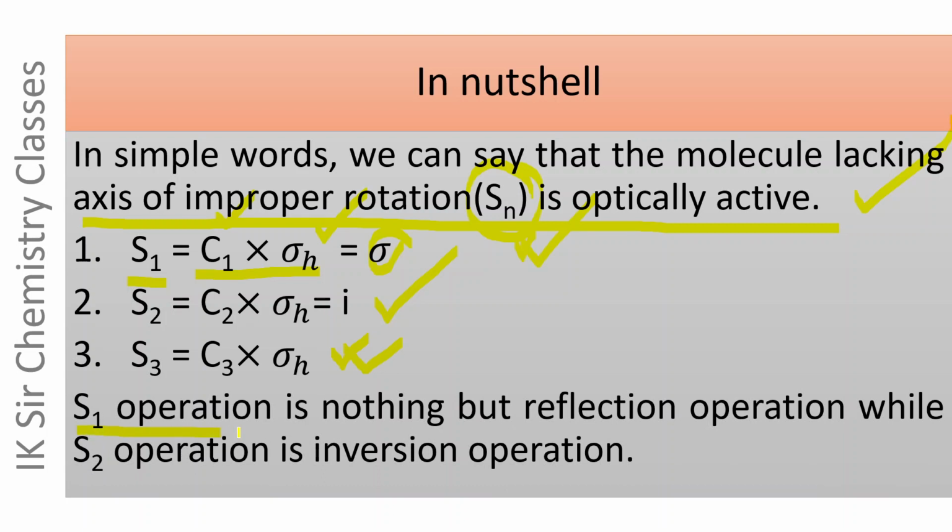S1 operation is nothing but a reflection operation, while S2 operation is nothing but an inversion operation. Thus the Sn operation includes both reflection and inversion in addition to improper rotation. Thus, we can say simply that a molecule lacking an axis of improper rotation is optically active.